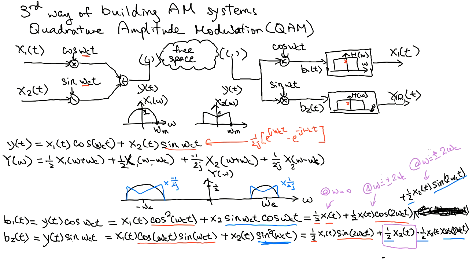Okay, another way to see it is that in this case you actually use a bandwidth of 2 omega_m to transmit two signals. So therefore your so-called bandwidth efficiency is as good as single sideband.